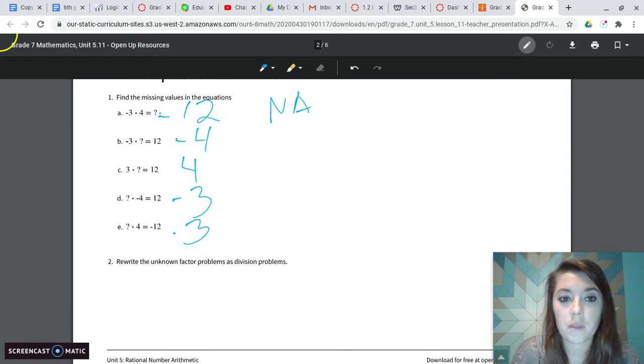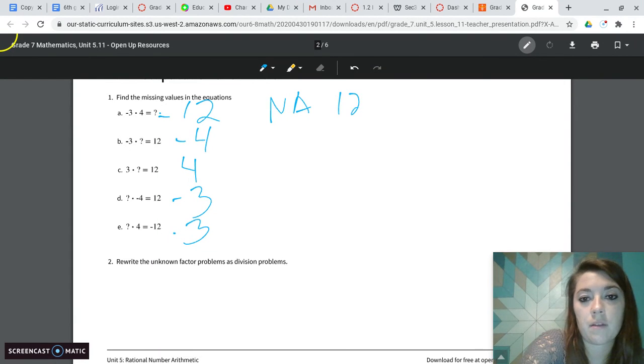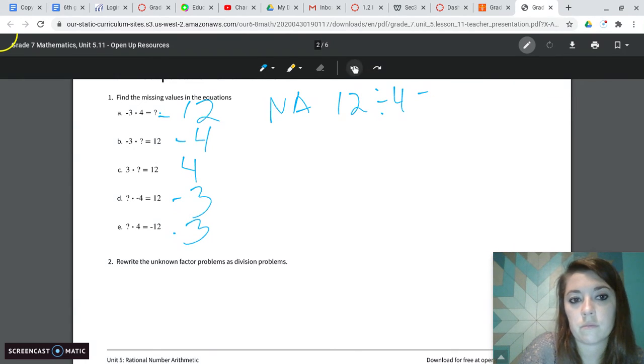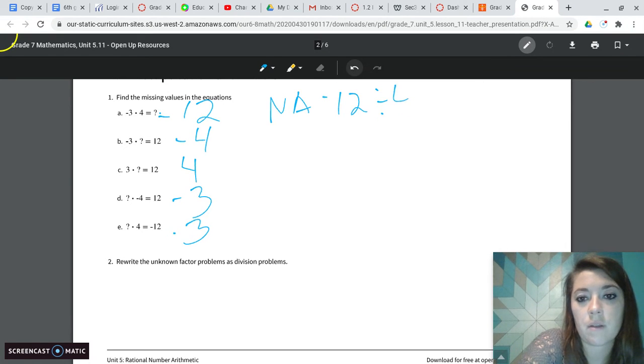We could say 12 divided by 4 is -3. That would work. But if we're trying to keep with our values, we could say -12 divided by 4 equals -3.